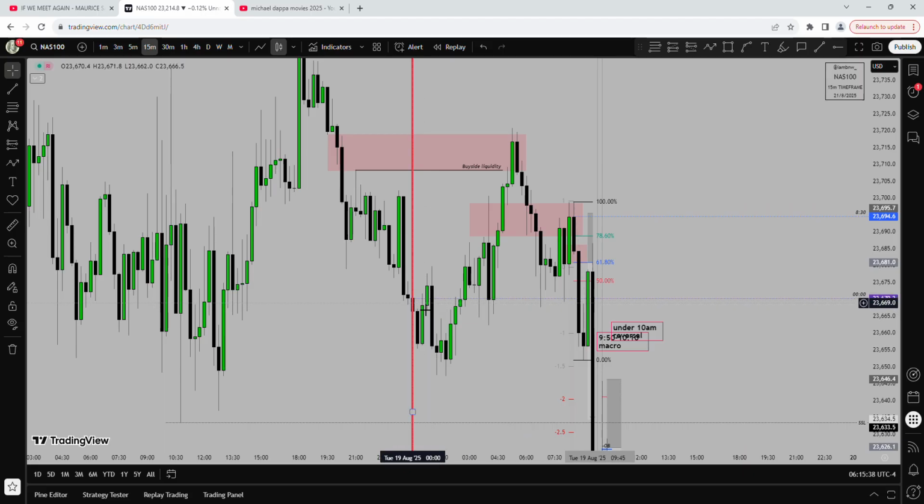Price opened, traded to take out the buy side liquidity, also filling in the FVG, offering fair prices, right? So when price did that, I knew that price was going to sell.